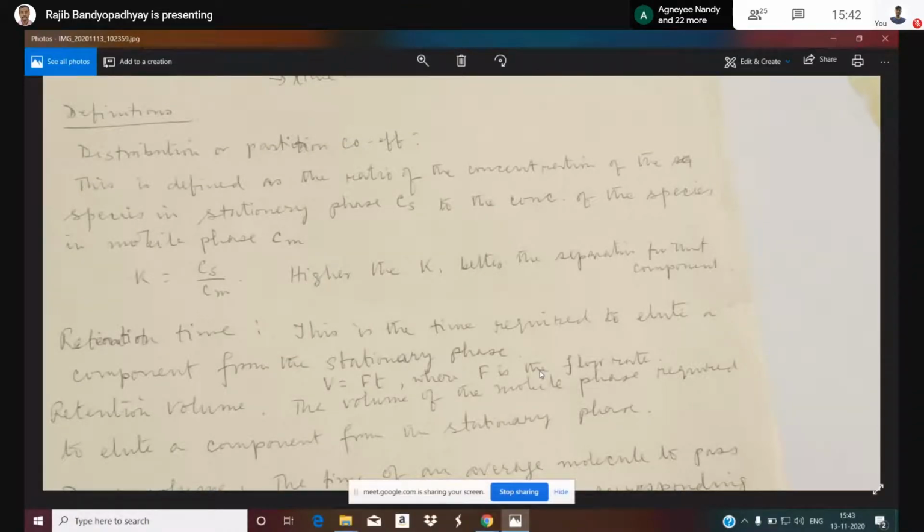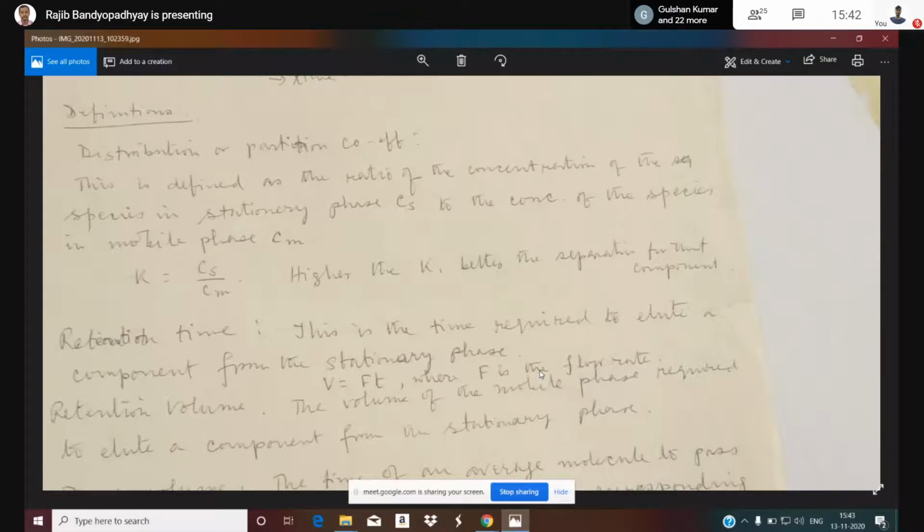Anyway, I'll just explain. It's really not very difficult to understand, but you have to remember these definitions, and perhaps I have to use some other pen for writing. Anyway, in the next class, I'll use some other pen.